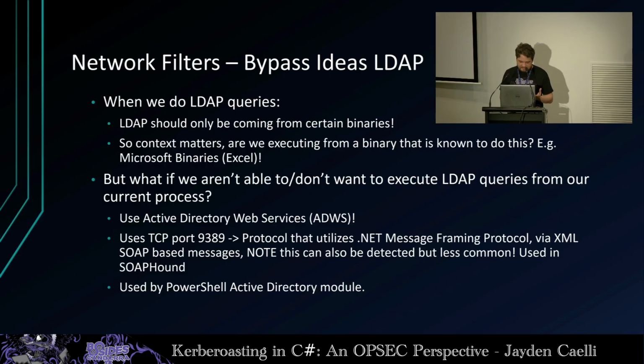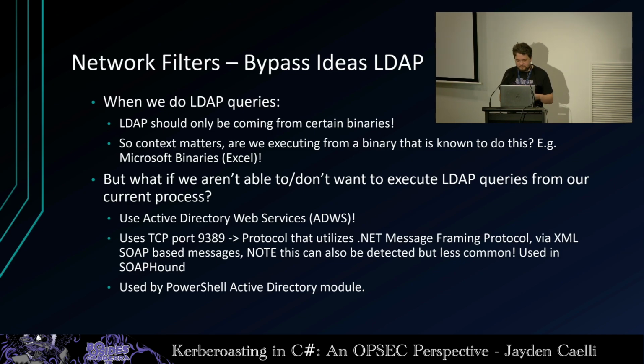But let's just say I don't want to use LDAP at all. Is there any way that I can avoid using LDAP? There is one common method, which is called the Active Directory Web Services. This is a specific, almost web-servicey thing that runs on domain controllers on a specific TCP port, 9389.